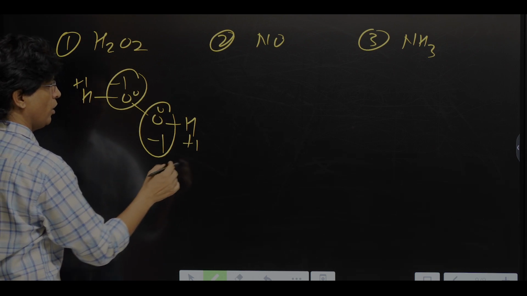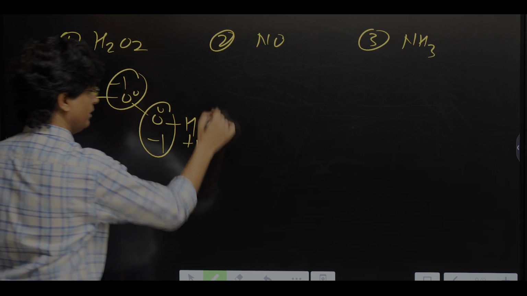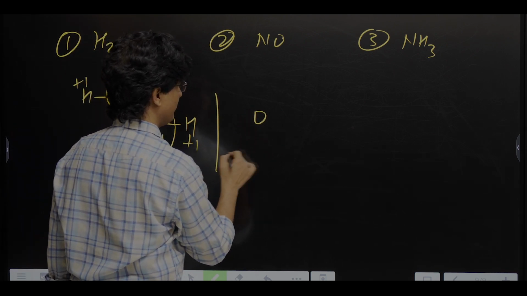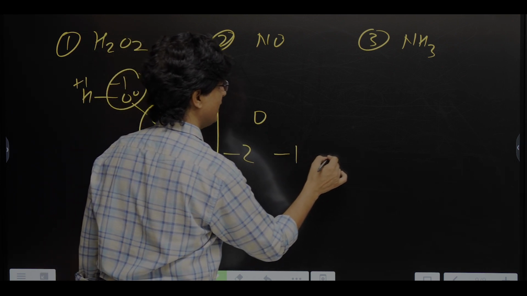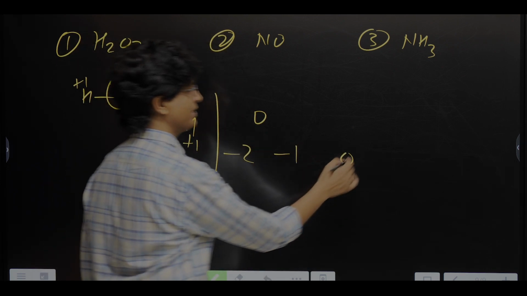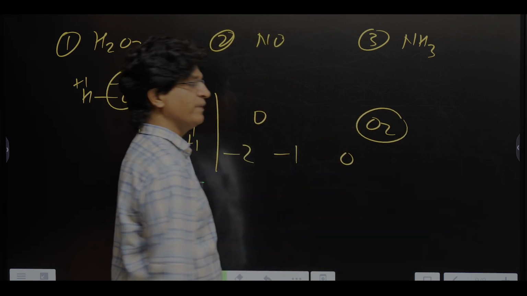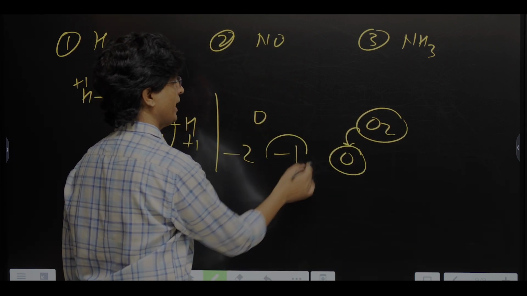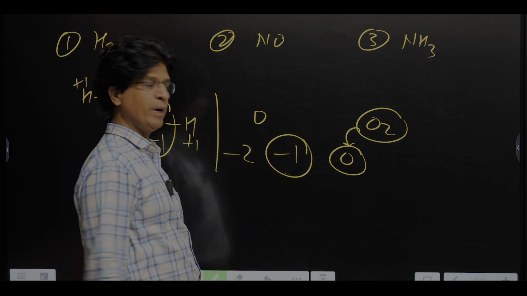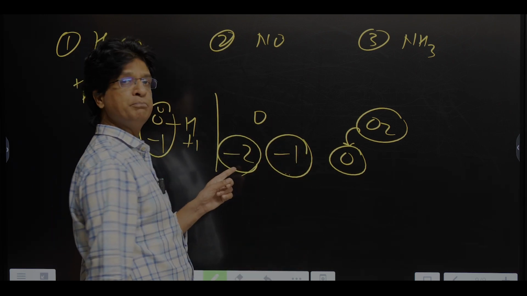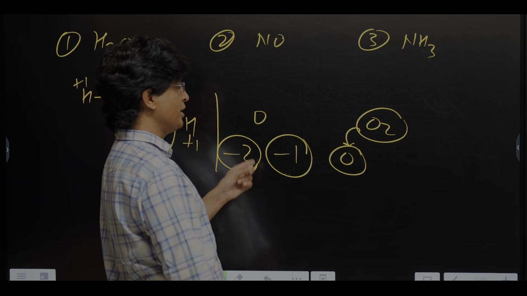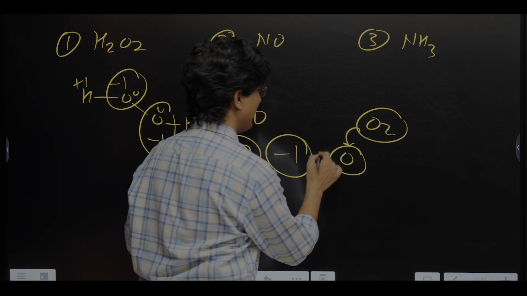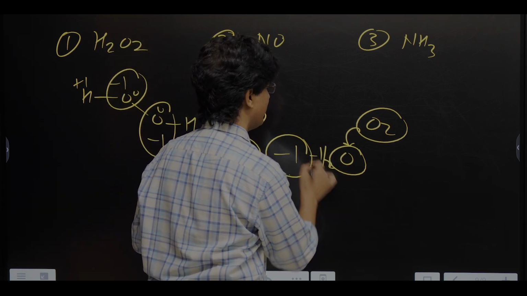But you remember that oxygen in general can be between -2, -1 and 0. When it is acting as O2 in the free state, its oxidation state is 0. In peroxide it is -1, and in oxide it is -2. And in superoxide, it is -1/2. We have done it yesterday.